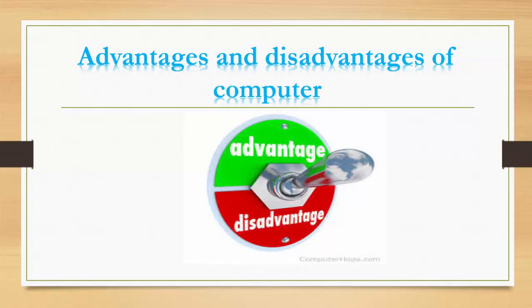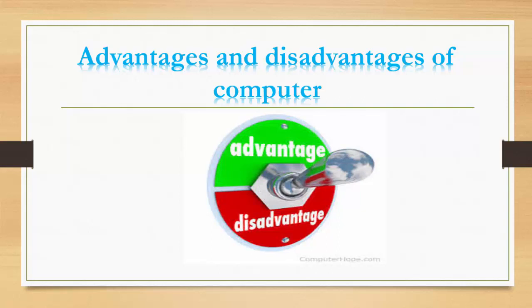Students, it's the third lesson of the computer fundamentals subject. In this lesson, we will discuss the advantages and disadvantages of computers. Students, as you know, everything in the world has its advantages and disadvantages. Also, computers are making human life faster because of their incredible speed, accuracy, and storage, with which humans can save anything and search it easily when needed.